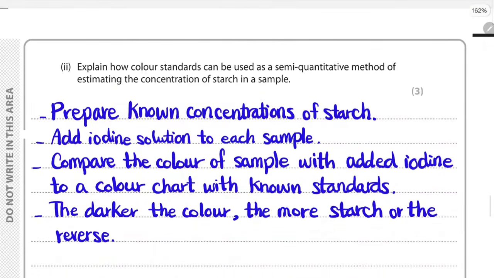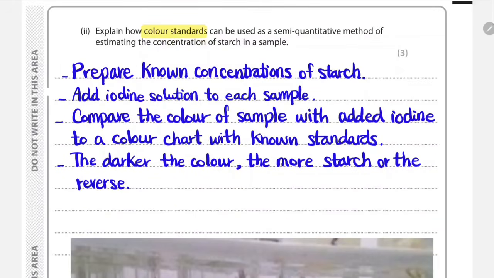Explain how color standards can be used as a semi-quantitative method of estimating the concentration of starch in a sample. So for this question, we're going to get samples with known concentrations of starch first. We prepare known concentrations of starch and add iodine solution to each sample.